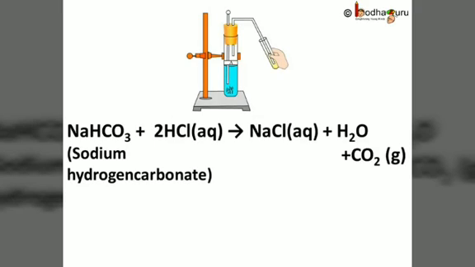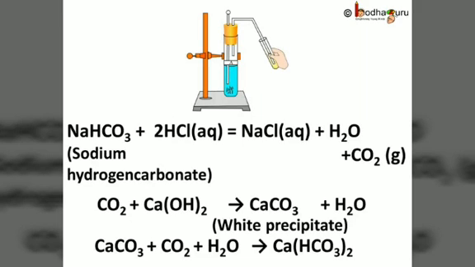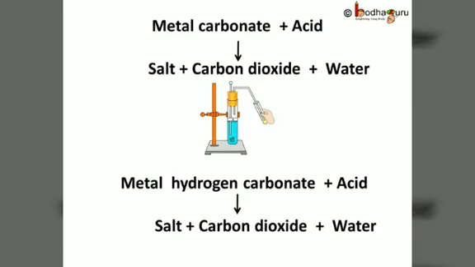Here again, the produced carbon dioxide reacted with lime water to give a white precipitate of calcium carbonate and water. After passing a little more carbon dioxide, the precipitate would vanish as calcium carbonate gets converted into soluble calcium hydrogen carbonate, which is Ca(HCO3)2.